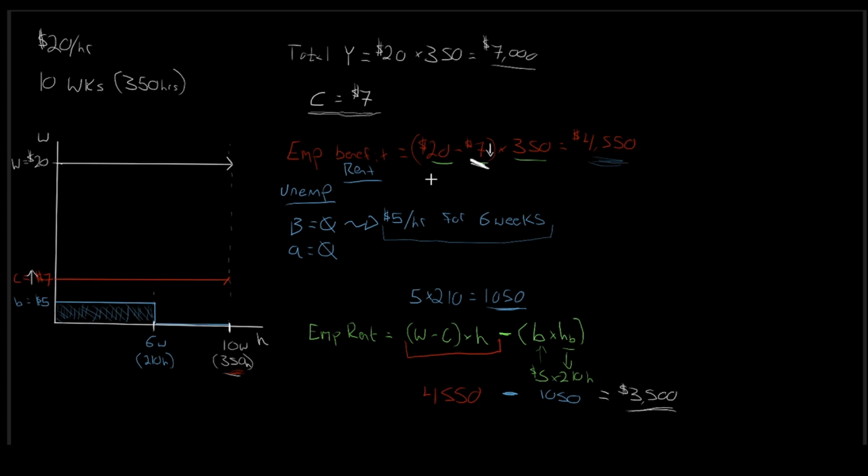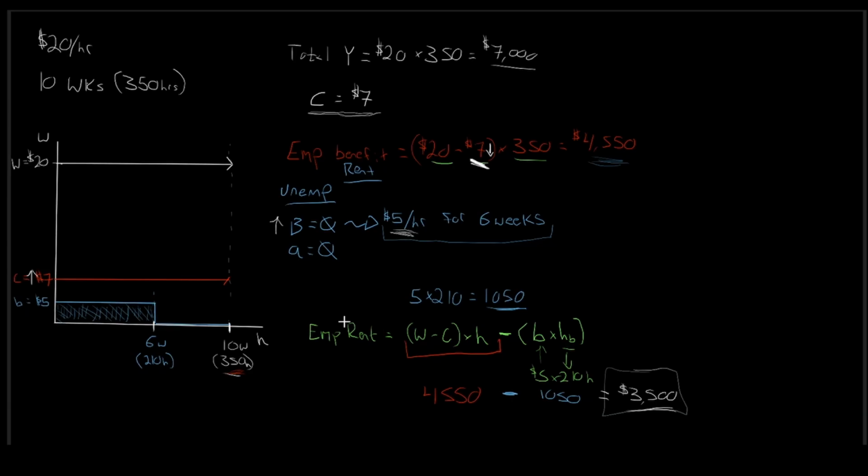Okay, so the question from this is, if we can work out this idea of employment rent and say, great, I am getting this benefit of being employed over being unemployed, what happens if we have changes? If we get increases in unemployment benefits such that we're getting paid more, what does that do to the rent we get, the benefits we get from choosing to be employed over unemployed?